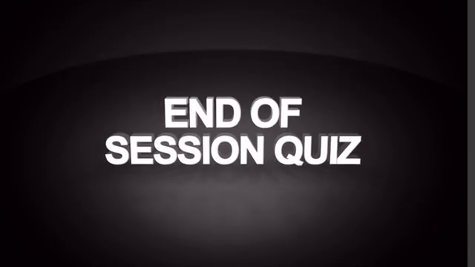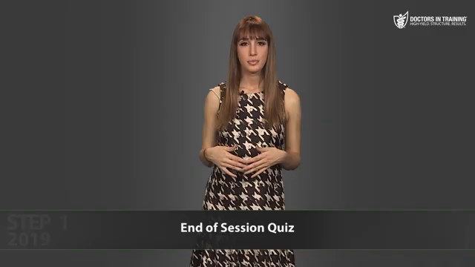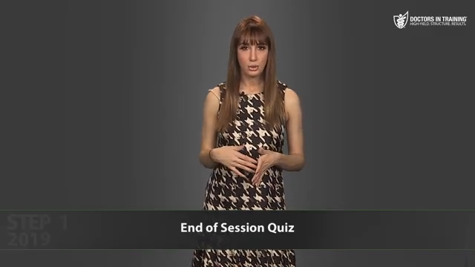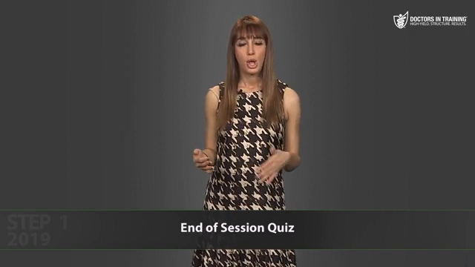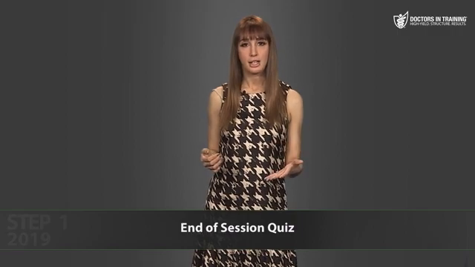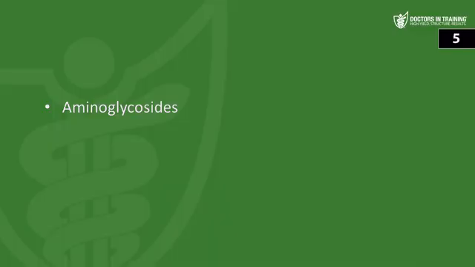Go ahead and pause the video and answer the end of session quiz questions on your own, and then we'll go through the answers together. Let's go over the answers to the end of session quiz. First question, which antibiotics are potentially teratogenic? Aminoglycosides, tetracyclines, which cause discolored teeth, and fluoroquinolones, which can potentially cause cartilage abnormalities.